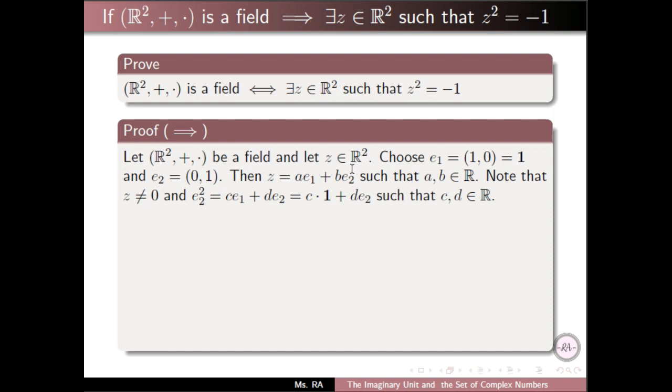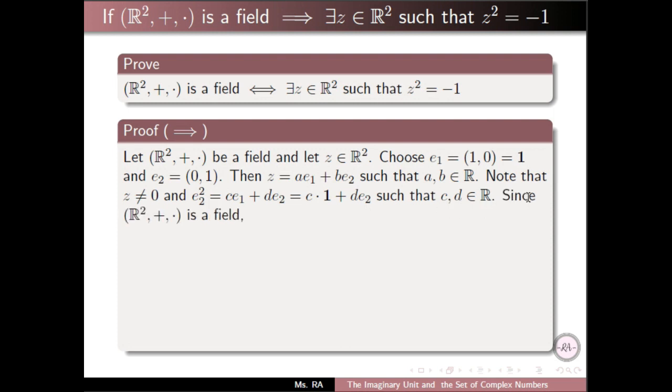Since that is the case, we can rewrite e sub 2 squared as a linear combination again of the standard basis vectors in R squared, giving us e sub 2 squared is equal to c times e sub 1, which is just this vector, plus d times e sub 2, which is the other standard basis vector, such that c and d are elements of R.